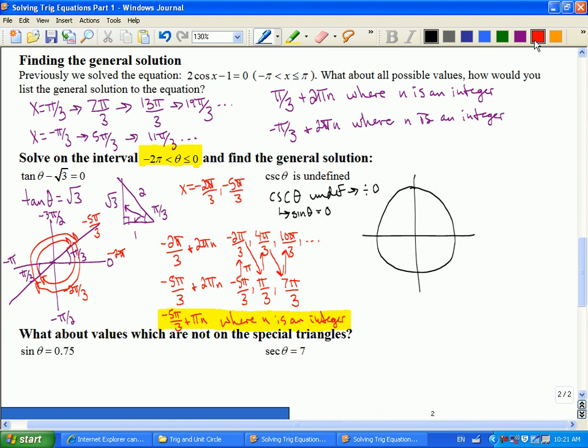Sine of theta is 0. Can anybody tell me? Yeah, and there's another one where sine of theta is 0. Yeah, over here. So for our angles, those are the ones we're working with. So I've got actually 0 and negative pi for my answers.